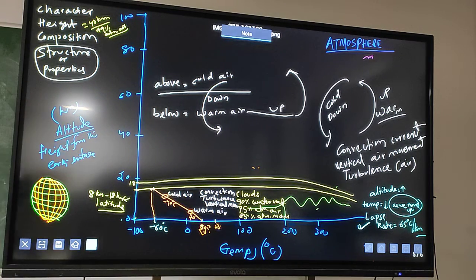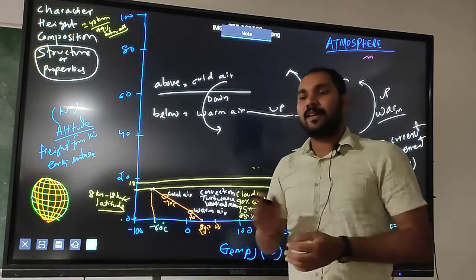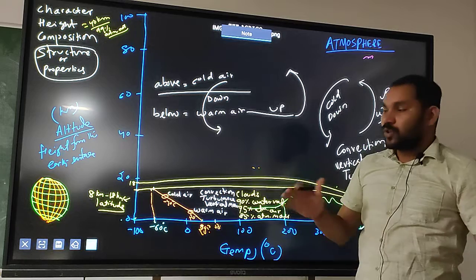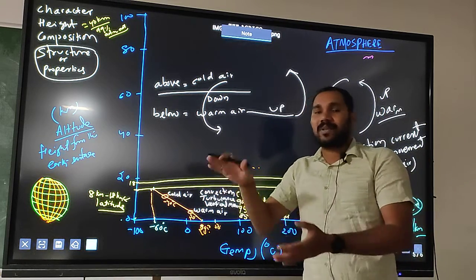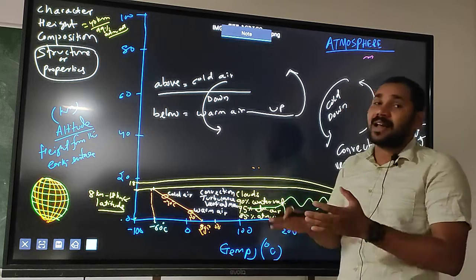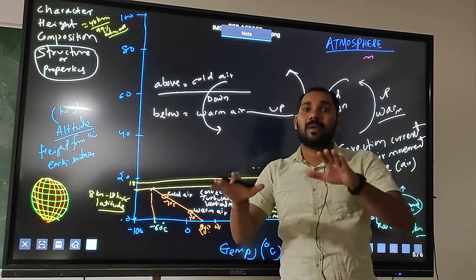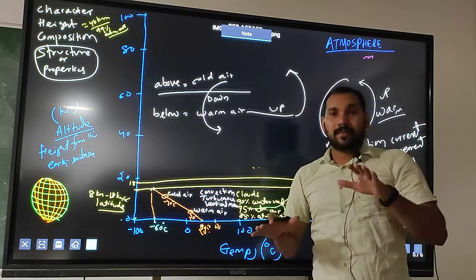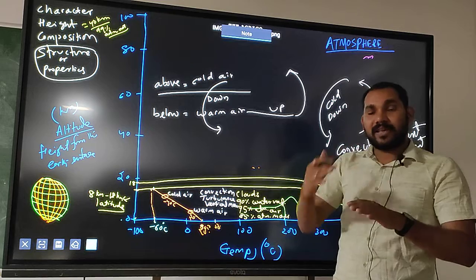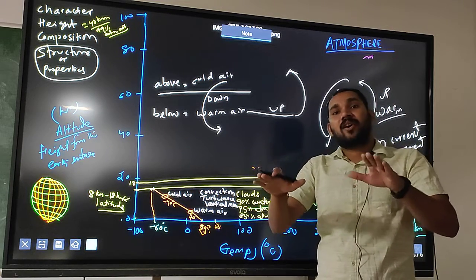So as the vertical movement of the air will be there, look, the aeroplane that is flying in the air, if the aeroplane is flying in the sky and air turbulence is there, then what will happen? Now the aeroplane can't be stable. Yes or no? If the vertical movement of the air is there, that means air turbulence is there. So there is no stability of the aeroplane.